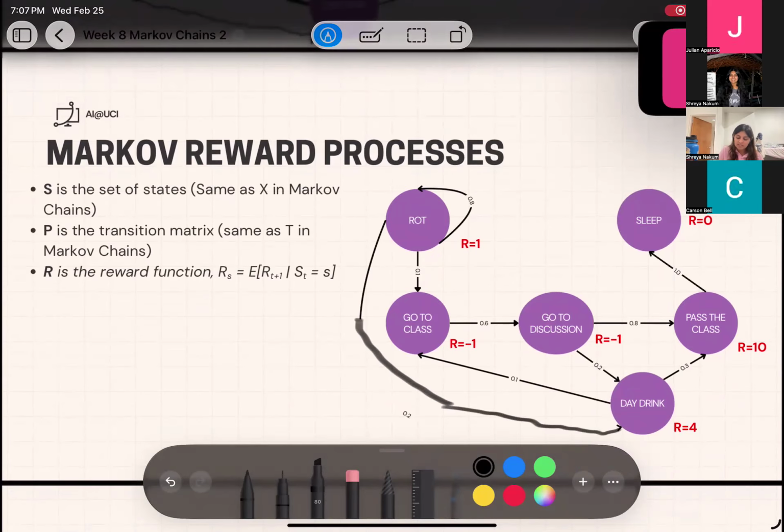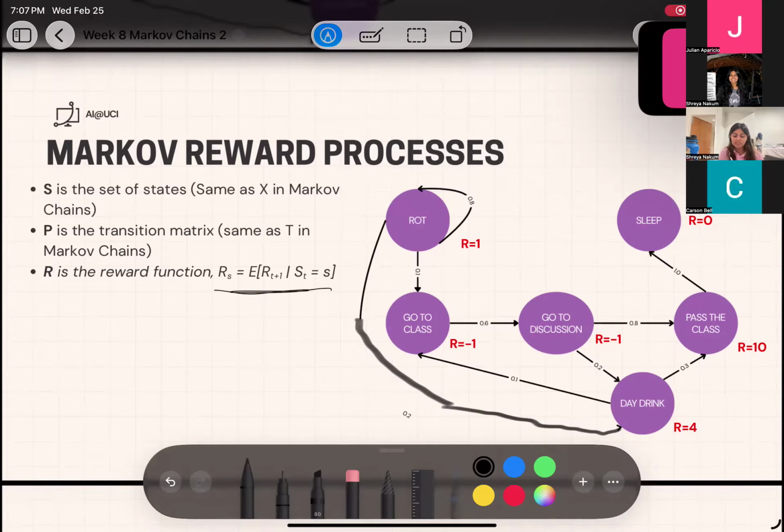It's the same thing as a Markov process, where S is the set of our states, just like X was. P is our transition matrix, just like T was. But now we have R, which is the reward function. Remember how we said that the probability that I'll be at Lincoln, given that I'm at science, is like 0.6? Now we can have a reward. This E means the average.